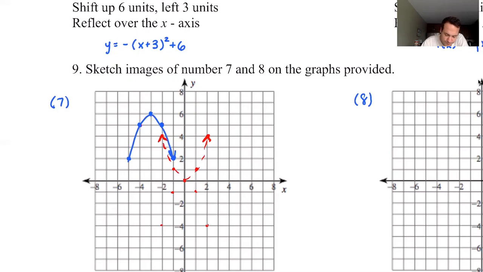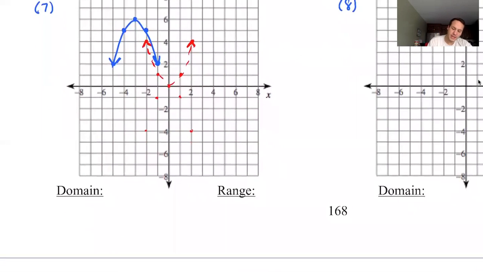Okay. Now this is going to change. My domain, we talked about that yesterday. That's not going to change. That's all real numbers. This will change the symbol. Reflections change the symbol of your range. Normally, y is greater than or equal to 0, but because of the transformation, this is going to be y is less than or equal to.